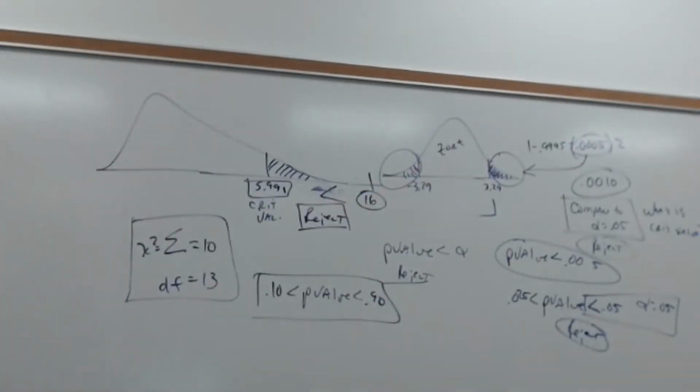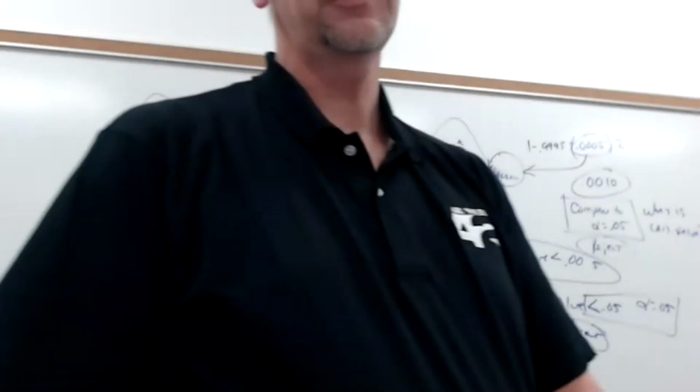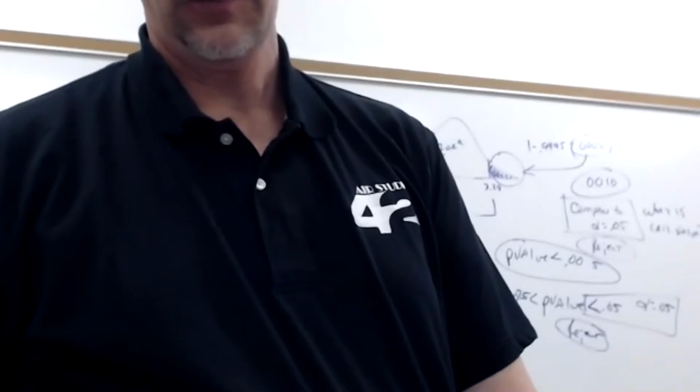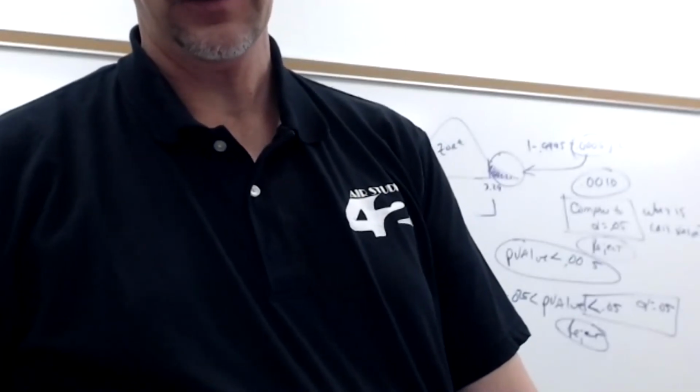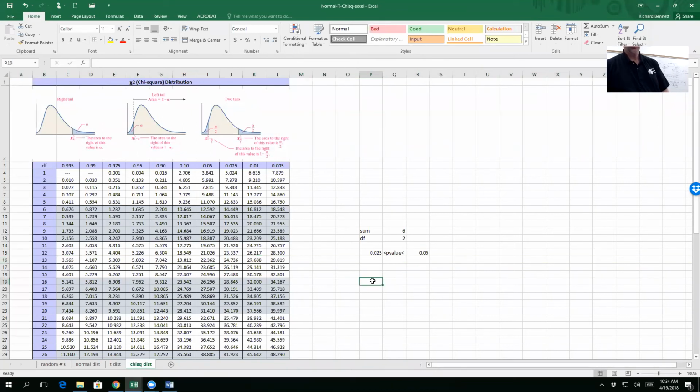Would you like to find out what your p-value really was? The only way you can do that is with a computer. Oh, I wasn't sharing again, dang it. I keep forgetting to share. So you're looking at here: my p-value equals chi-square right-tailed, I said it was 6 with 13 degrees of freedom.